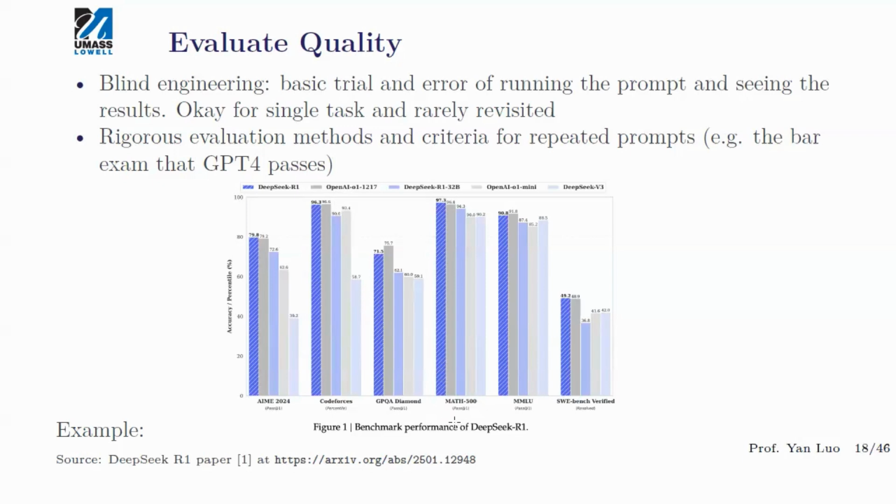And this Math 500 is another set of mathematical questions. And then MMLU is more about knowledge learning. And SWE is the software engineering benchmark group.